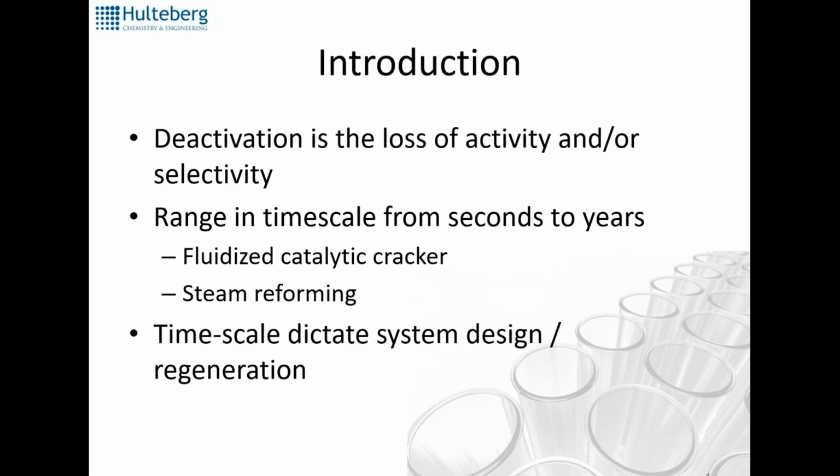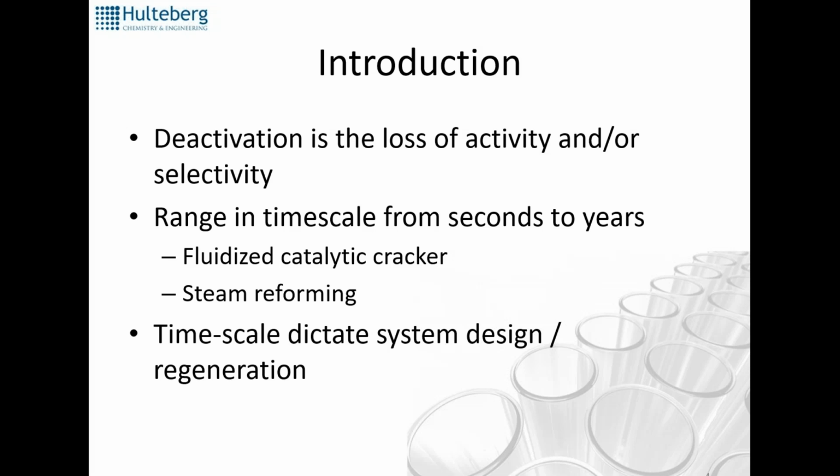So deactivation is basically the loss of activity and/or could also impact selectivity. And the time scale of deactivation can range from seconds into years. If you look at different unit operations in a refinery, the fluidized catalytic cracker, for instance, would be deactivating in seconds, where you have a very rapid carbon buildup.